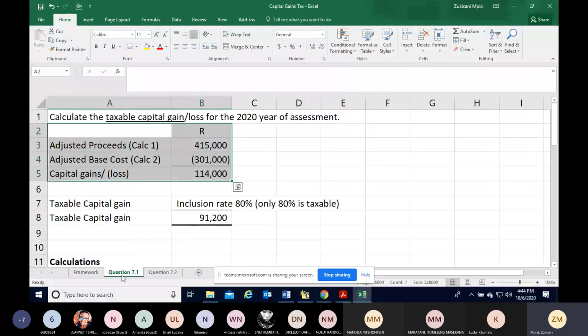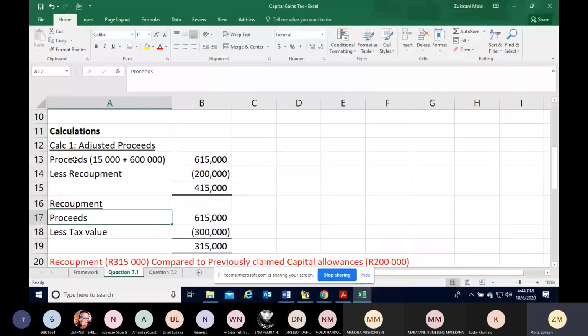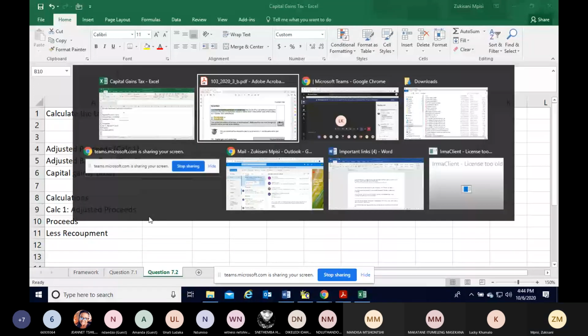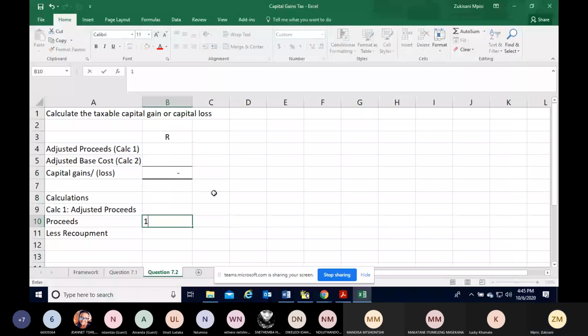We've already done this, so I'm just going to copy the formula. It's proceeds less recoupment. What is the proceeds in this case? We are told that the building was sold for 12,500,000. What is the recoupment for this building?